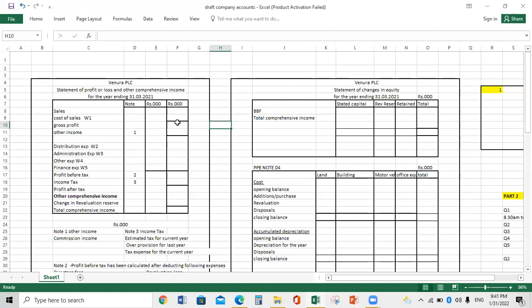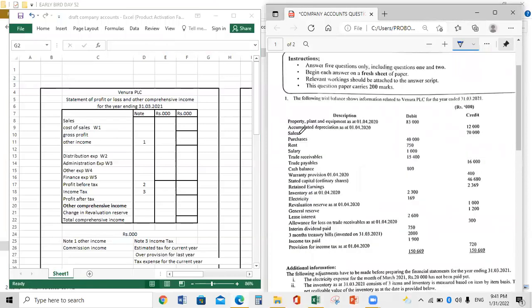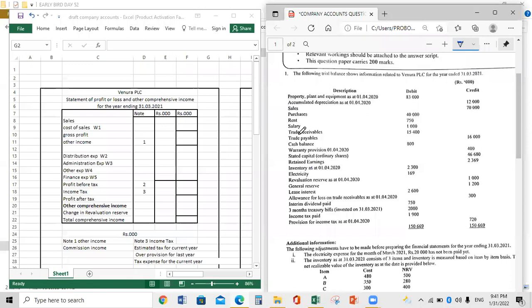The main reason we write in thousands is to save our time. So don't write everything in rupees and waste your time putting three zeros after every answer. If you can write in thousands, make use of it, because that way you save time.